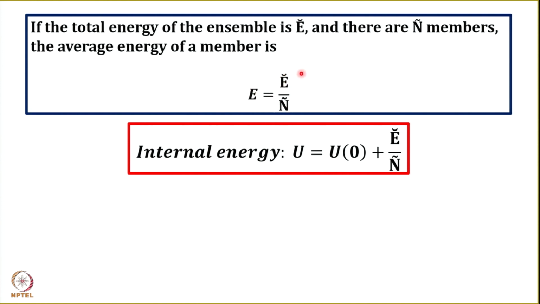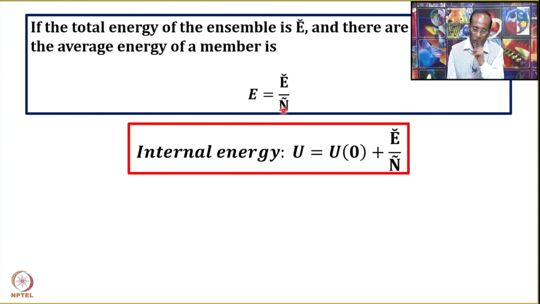This is the average energy of one member of the ensemble. It's going to be E divided by N. And we know that U minus U0 is equal to E. U is equal to U0 plus E, that is applying to one member of the ensemble.